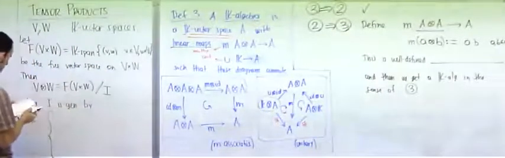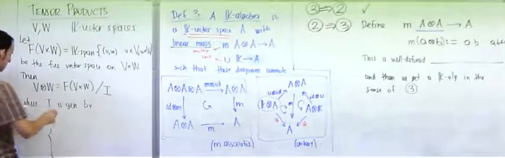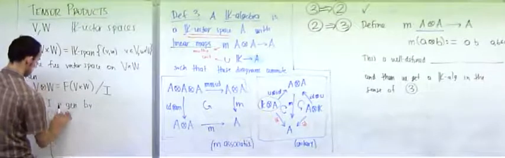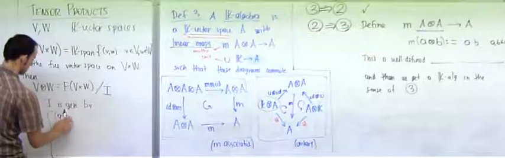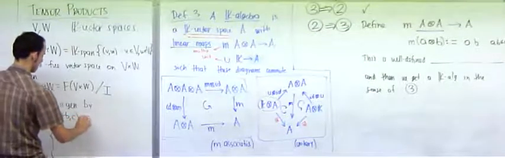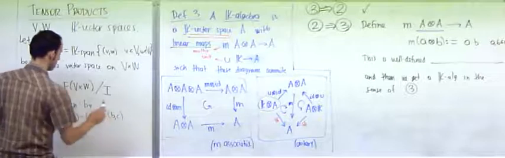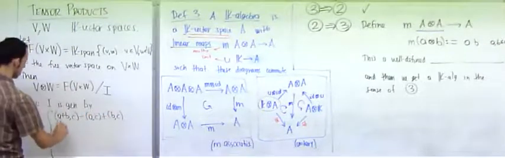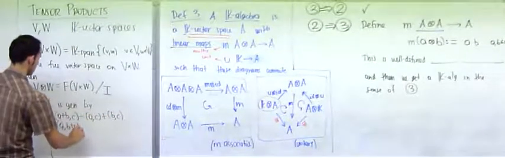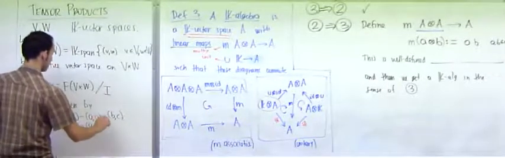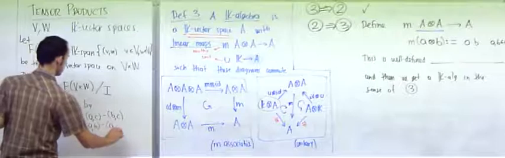So what I want to say is that, for example, (A plus B, C) should be the same as (A, C) plus (B, C). (A, B plus C) should be the same as (A, B) plus (A, C).